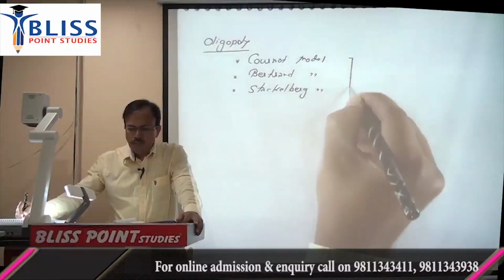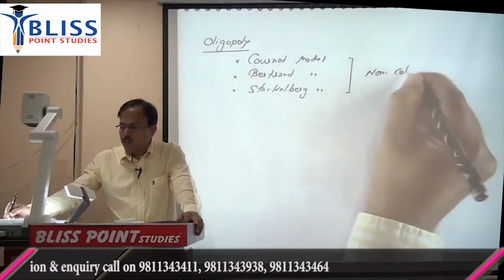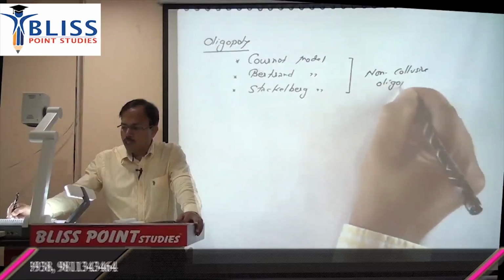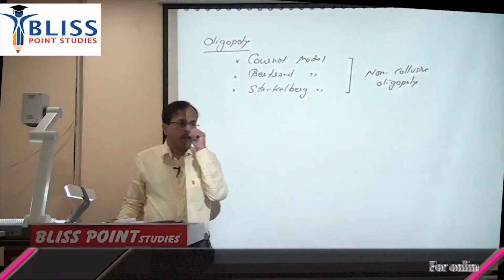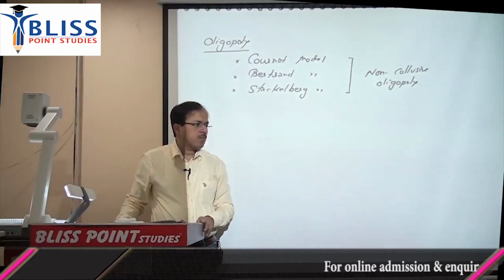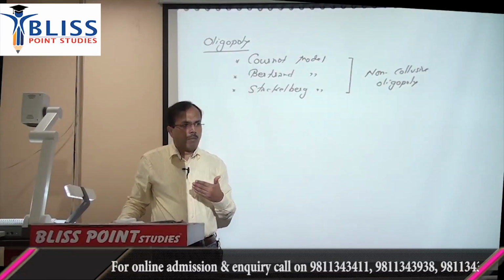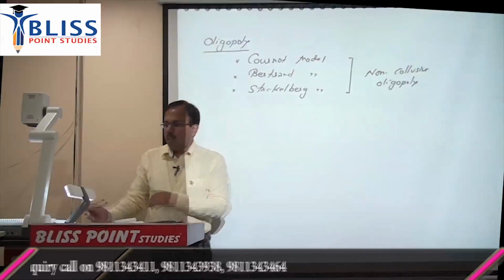Club these three as a form of non-collusive oligopoly. There is no collusion. Collusion का मतलब है some sort of agreement. So firms are competing with each other. In Cournot model, one firm is competing with the second firm. In Bertrand model also they are competing with the other firm.